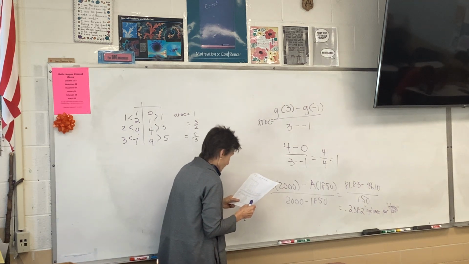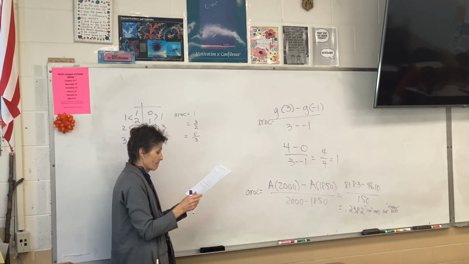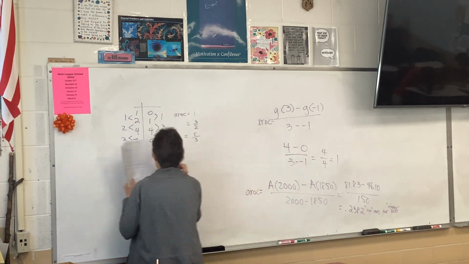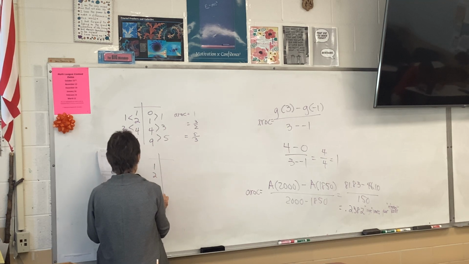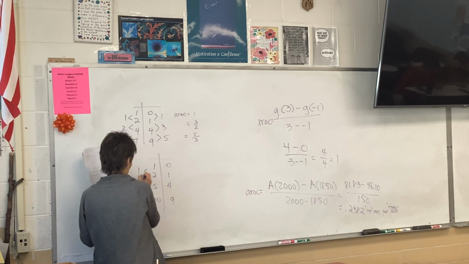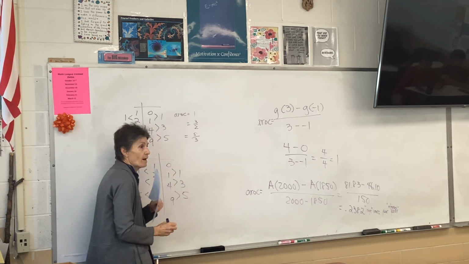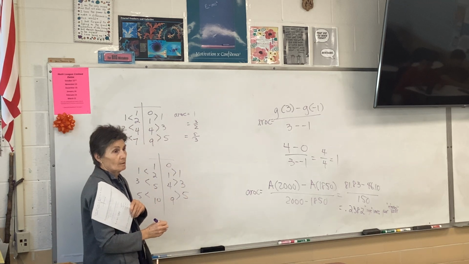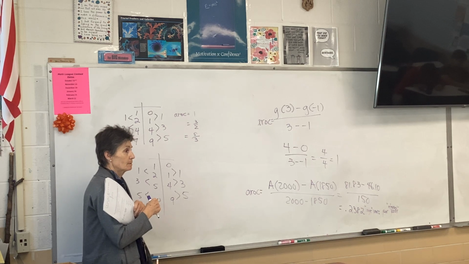How about B? This one's okay though, because what's our average rate of change? 1. So that one is linear.